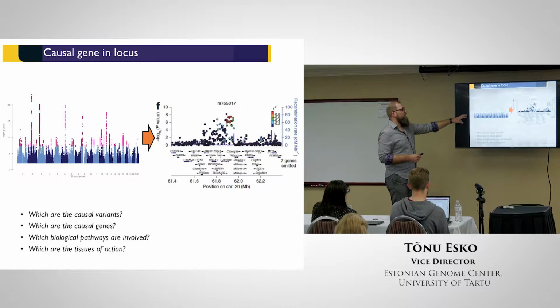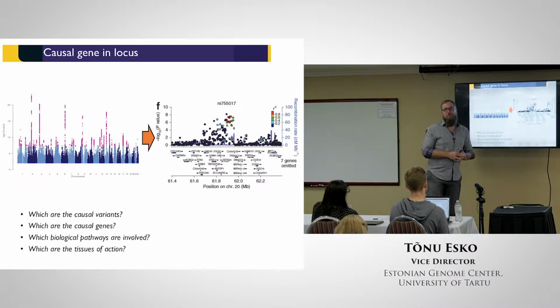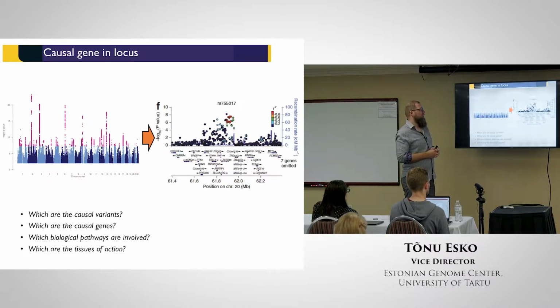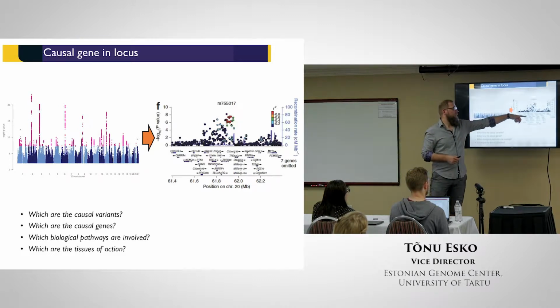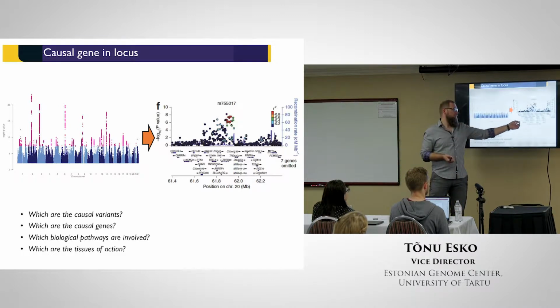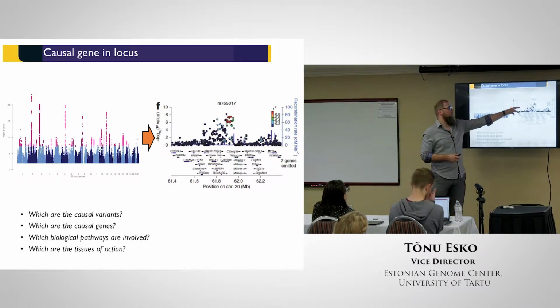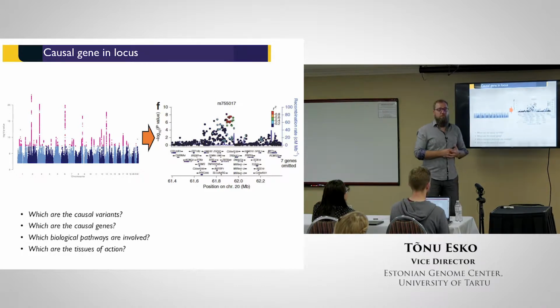But if we take any of those association regions in the genome and we zoom in, this is what is called a locus zoom plot. It's basically the same as this, where here you have the variants, and in the y-axis you have the statistical significance, on the x-axis the physical location, and there is also shown the LD between the markers.